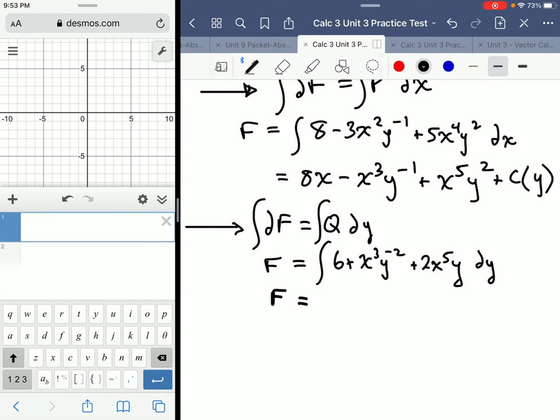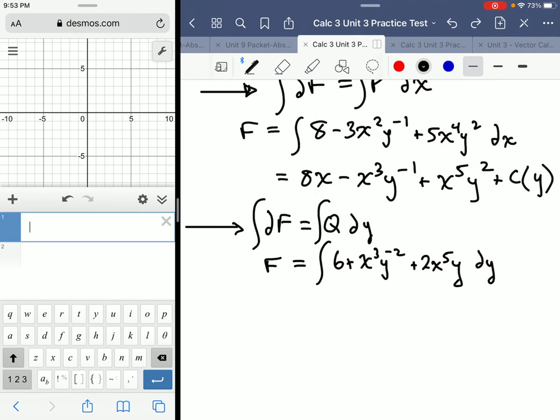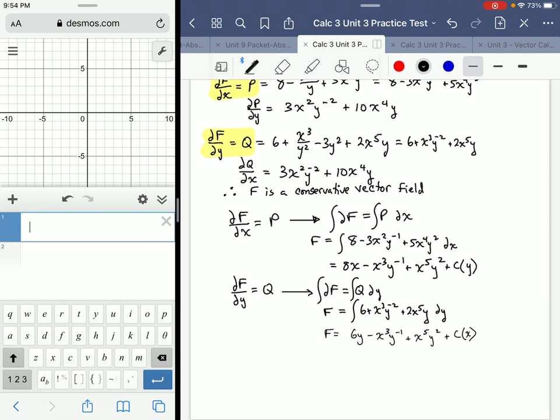So f is going to be equal to, well, too thin, let's go 35. 6y minus x to the third y to the negative first, and then plus x to the 5th y squared plus c of x.